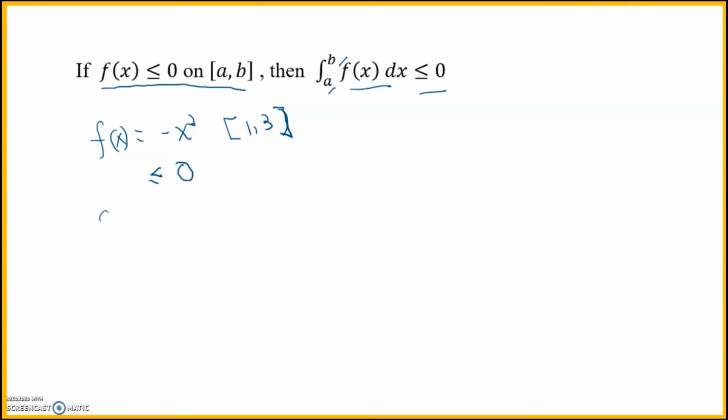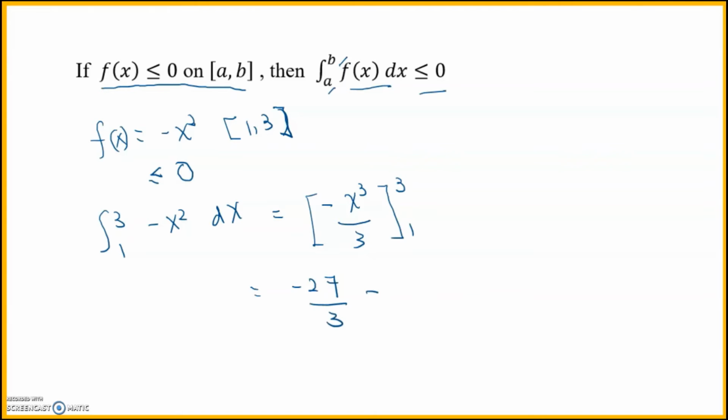Then the integral of negative x squared from 1 to 3 will return negative x cubed over 3 from 1 to 3. So it's negative 27 over 3 minus negative 1 over 3. We will get negative 26 over 3, which is less than 0 as well.